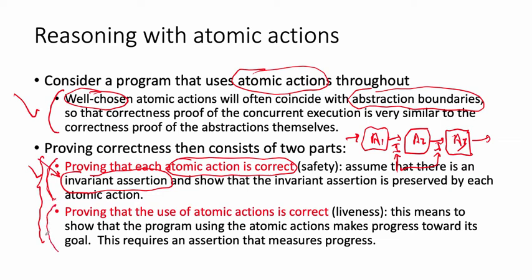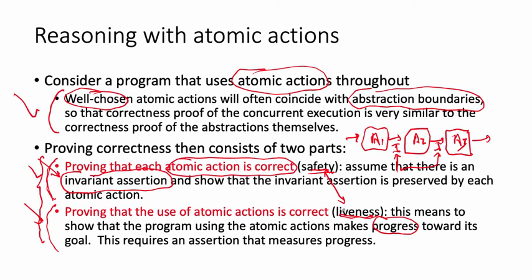There's also a second part, is that the program makes progress. Okay, this is the difference, in fact, between two kinds of property, safety and liveness. So safety means the program will never do anything incorrect, whereas liveness means the program is actually going forward. It's making progress.